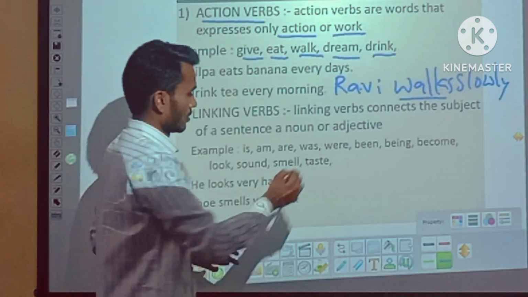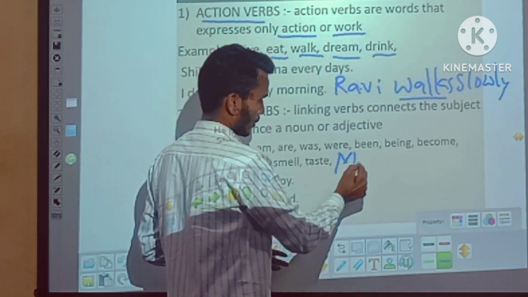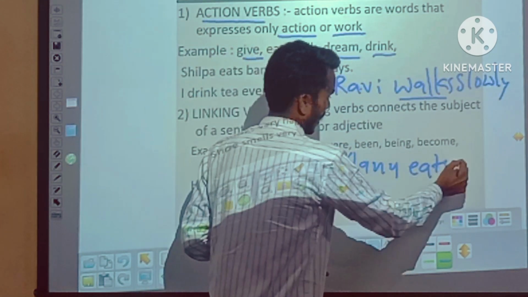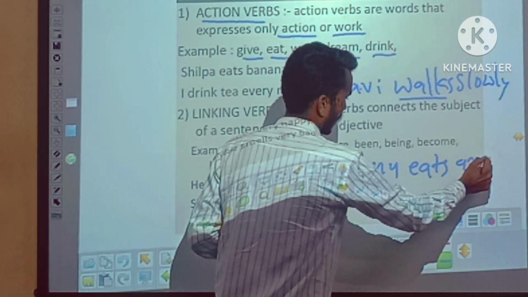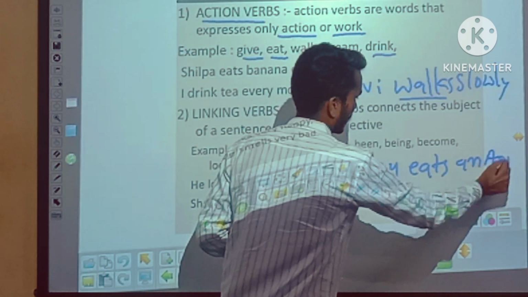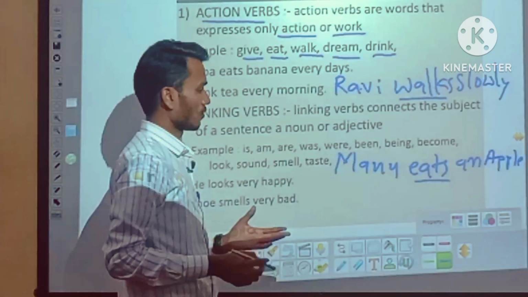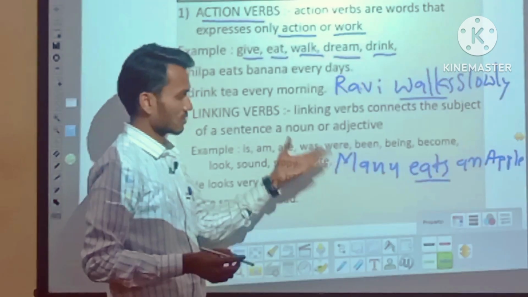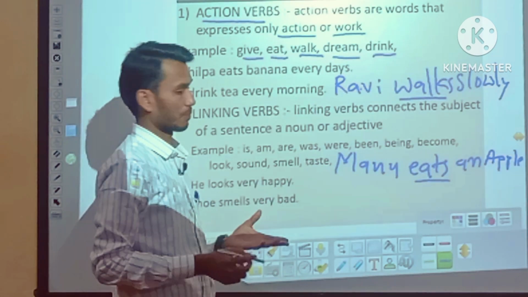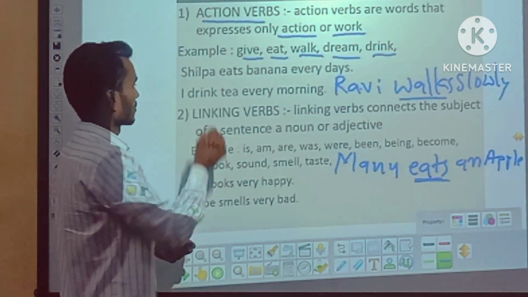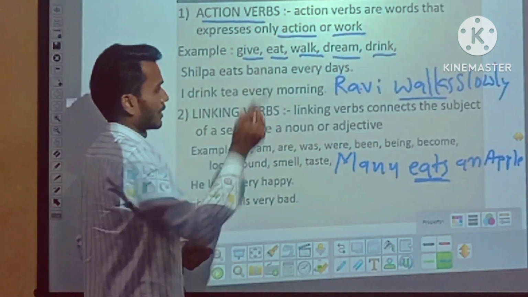Then Manu eats an apple, right? Here eats is an action verb. What does Manu do? He eats an apple. Then Shilpa eats banana every day.